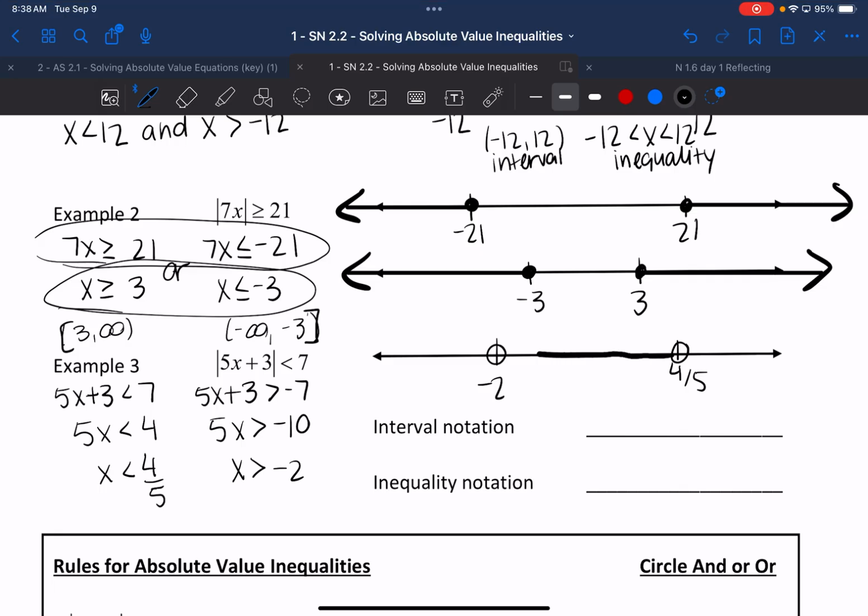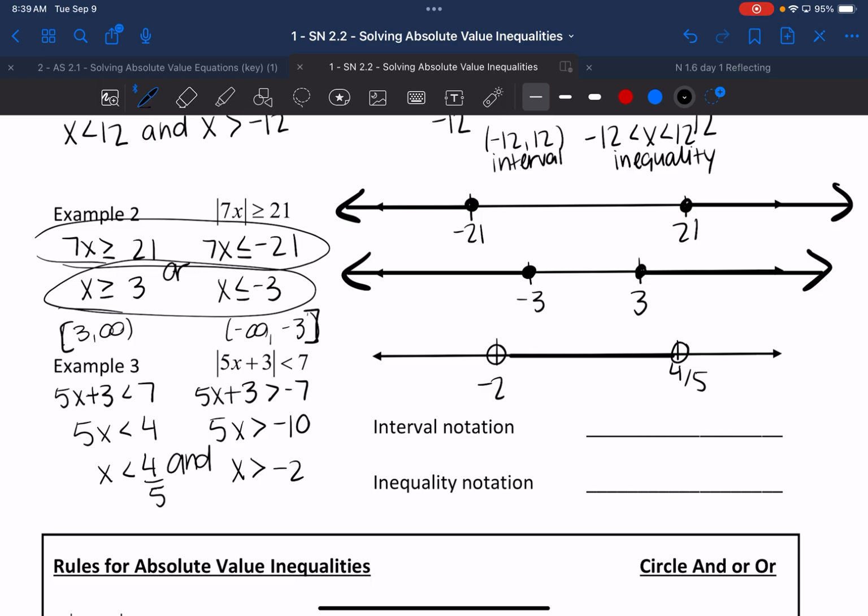To the left. And from negative 2, am I going to the left or to the right? To the right. So this time, they overlap again, right? So this would be one of those and scenarios, right? They share a portion of the line.